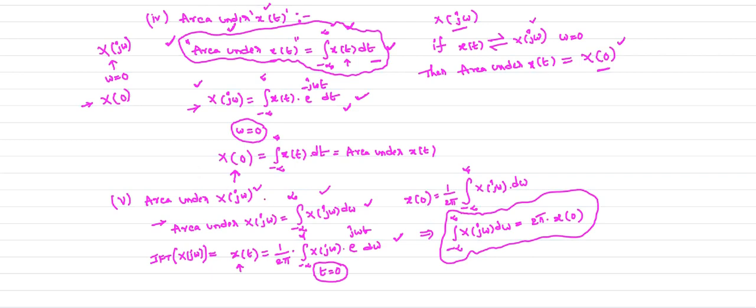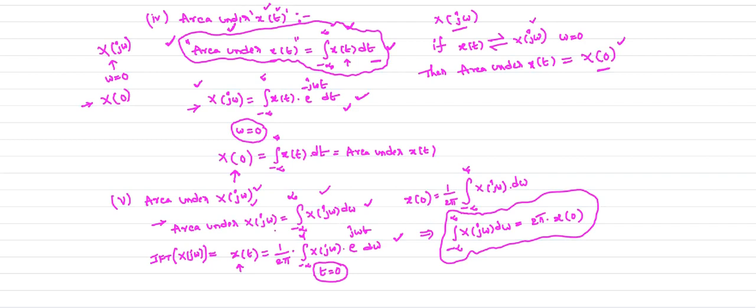To calculate the area under any curve, under any signal, we just integrate that signal between minus infinity to plus infinity, whether the signal is a time domain signal or a frequency domain signal.